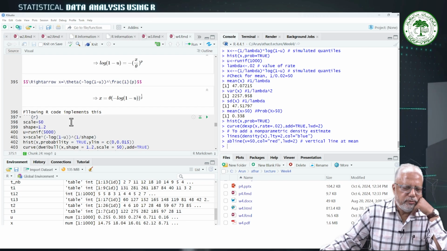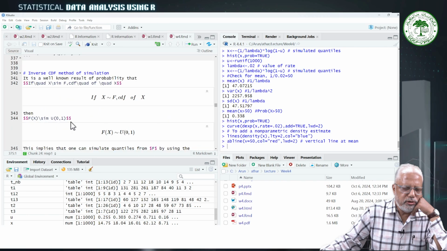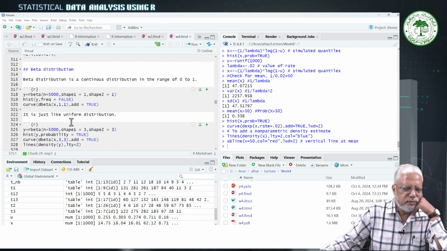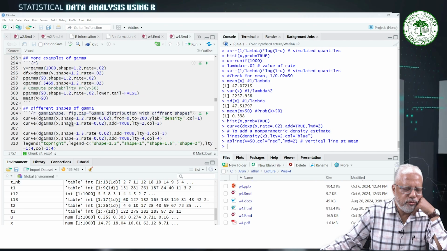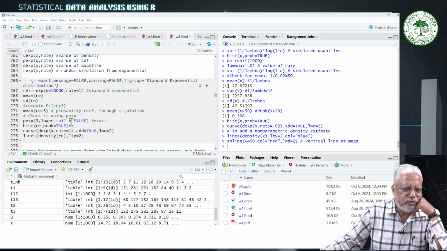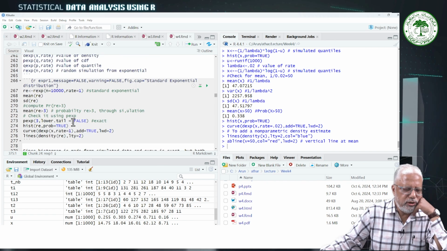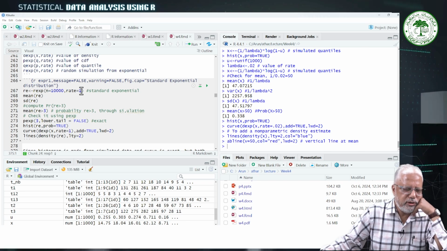Exercises on Poisson. Before that, I would like to talk about beta distribution, gamma distribution, exponential distribution. So, here also we have simulated rexp.